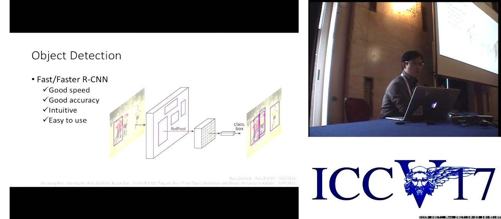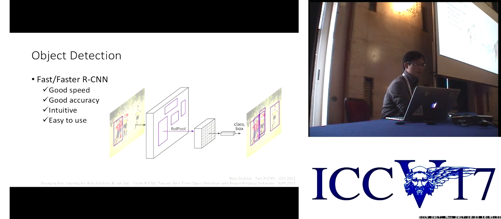In my opinion, why have object detection and semantic segmentation been so popular in the past few years? One of the reasons is that we have very good systems as a kind of meta algorithm for these problems. In the case of object detection, one of the meta algorithms is the very successful Fast and Faster R-CNN system.